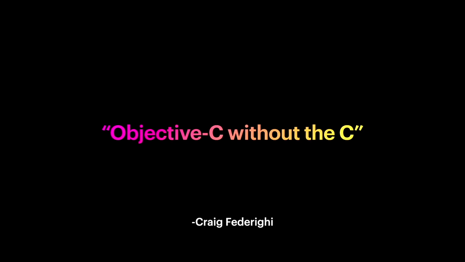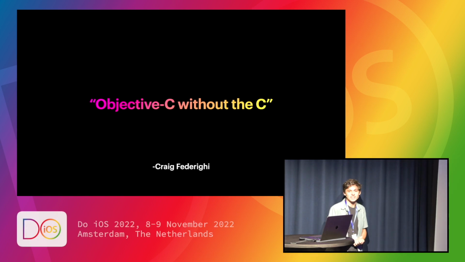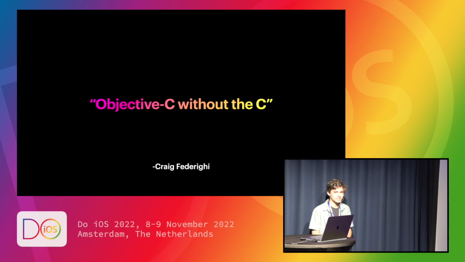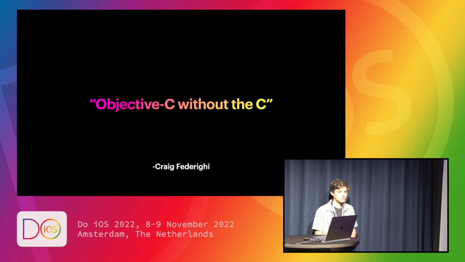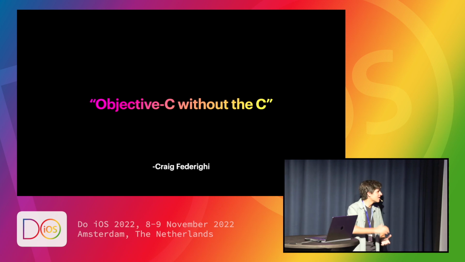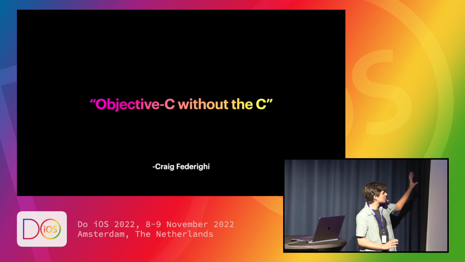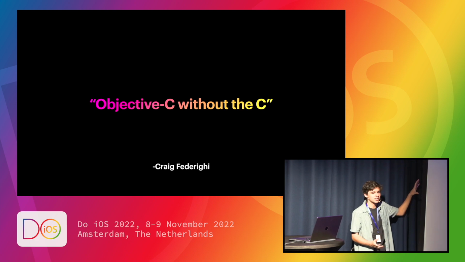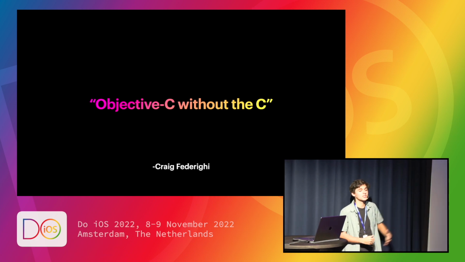And that's where you get Objective-C without the C. So this quote by Craig Federighi himself, the only 53-year-old who has better hair than me, he goes through Objective-C without the C when he's announcing the Swift language.